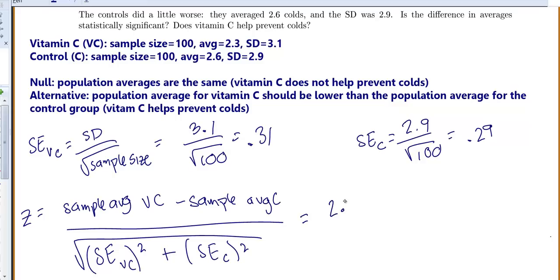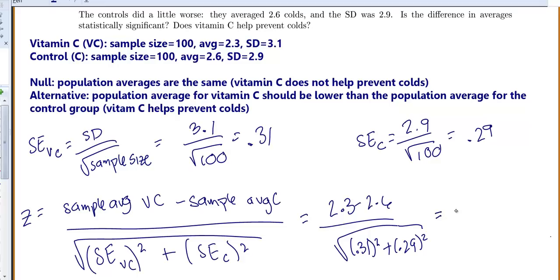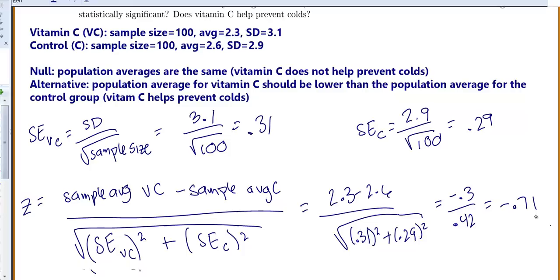So this is going to give me 2.3 minus 2.6 over the square root of 0.31 squared plus 0.29 squared. So negative 0.3 over 0.42. So negative 0.71.